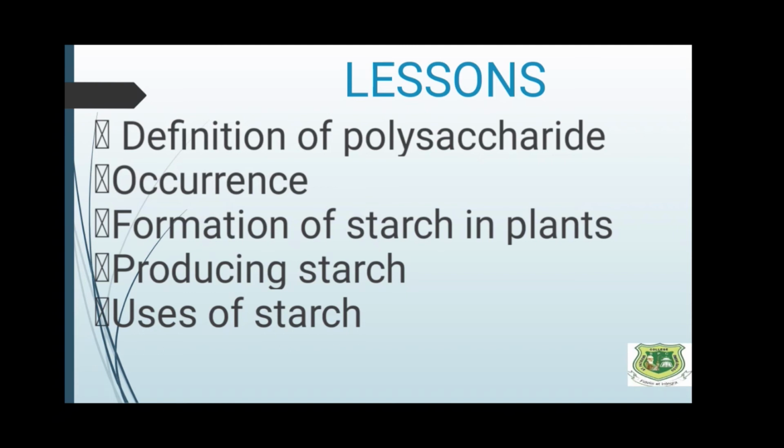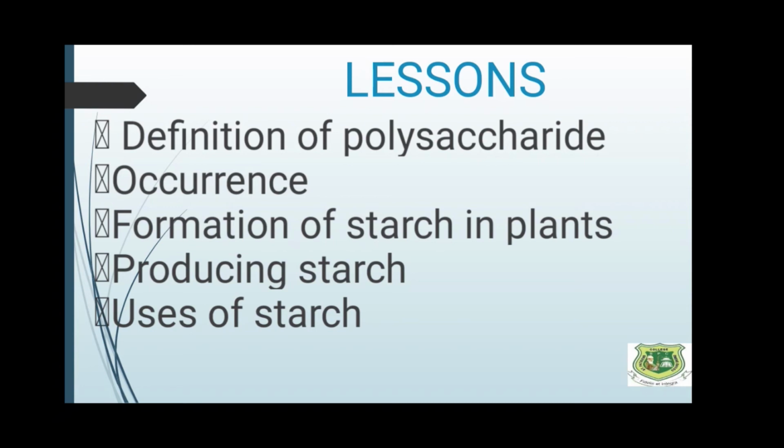Let's go to occurrence. Starch, as a typical example of polysaccharides, occurs naturally in all green plants. In the roots of some plants such as yam, starch occurs. For example, in potatoes, cassava, carrot. Starch can also occur in fruits, as we have in mango and pawpaw.